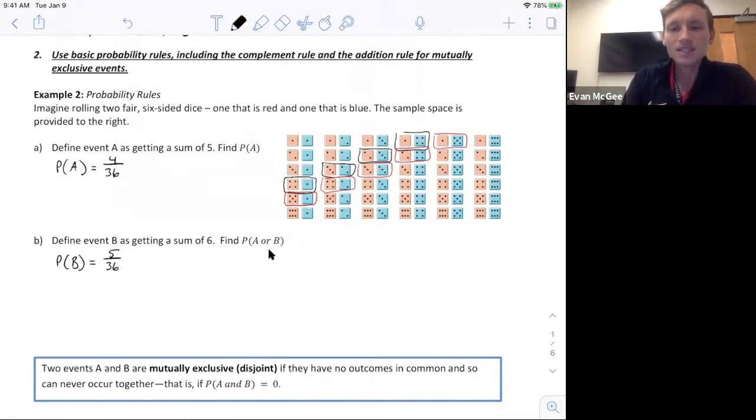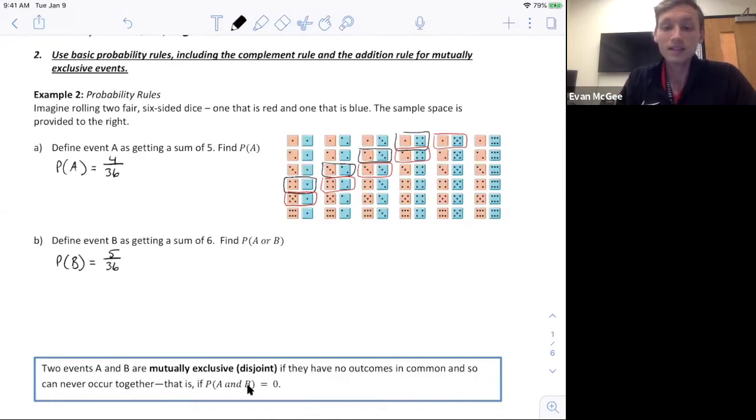Now, since these events are what we call mutually exclusive or disjoint, we can use the addition rule that applies to mutually exclusive events. Mutually exclusive events are events that cannot occur at the same time. These are mutually exclusive because you can't roll a 5 and a 6 at the same time.